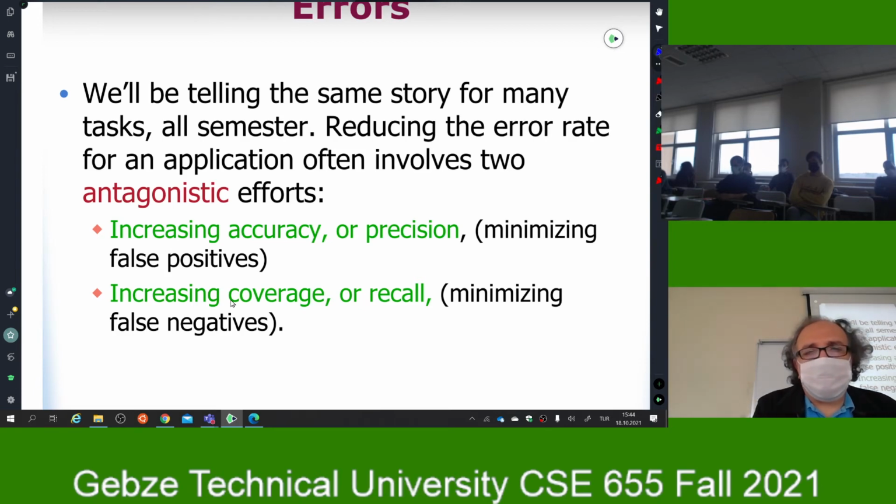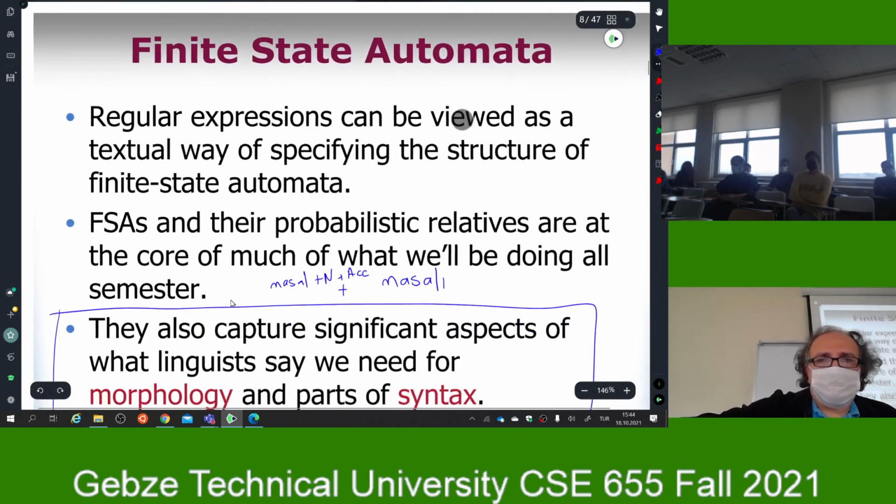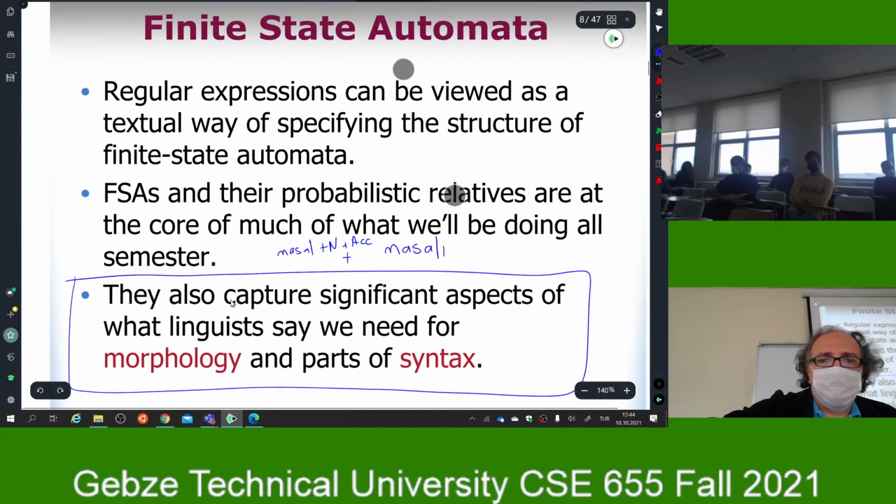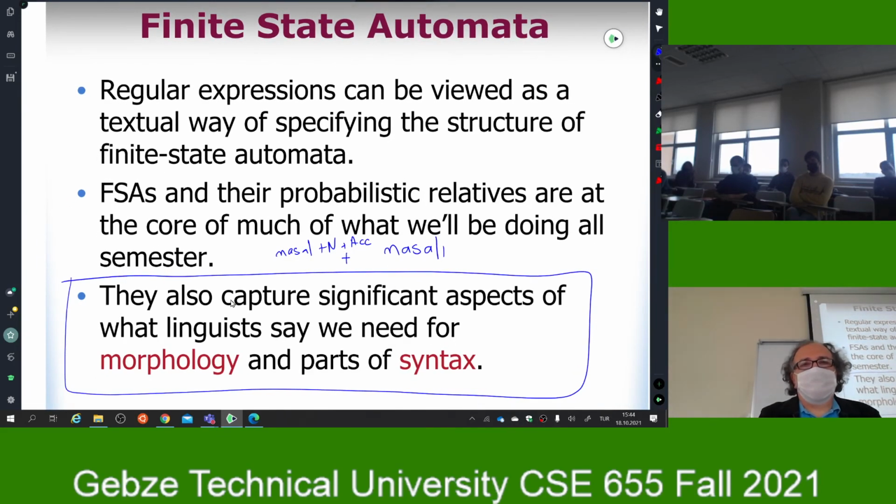Why am I talking about the regular expressions? Because regular expressions are going to be our main method to explain the morphology, that is the structure of the words, and we are going to look at it. Now I'm not going to talk about letters much, so it's going to be about finite state automata, okay?